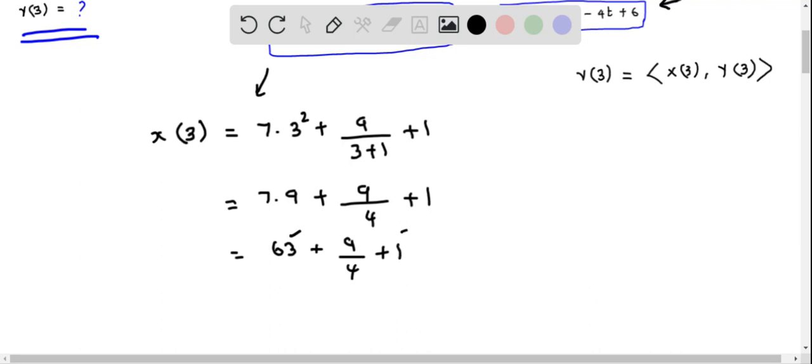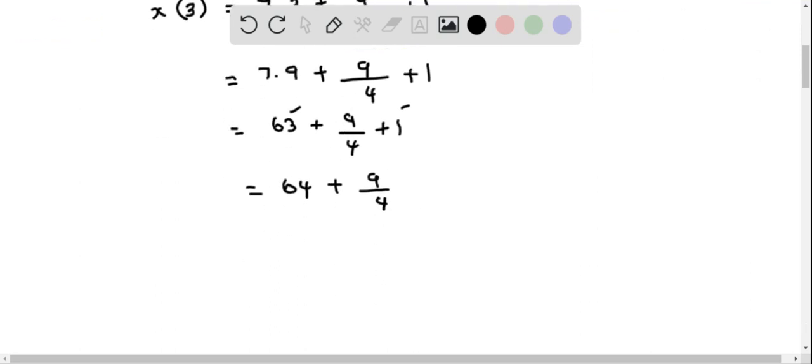So this is 63 plus 1 is 64, plus 9 by 4. Let's simplify this fraction. Consider this as 64 by 4. So we have the least common denominator as 4. So this 64 by 1 has to be multiplied and divided by 4. And we will keep this 9 by 4 as it is.